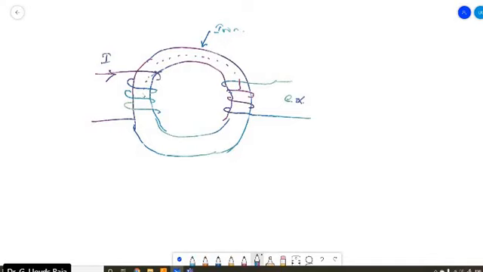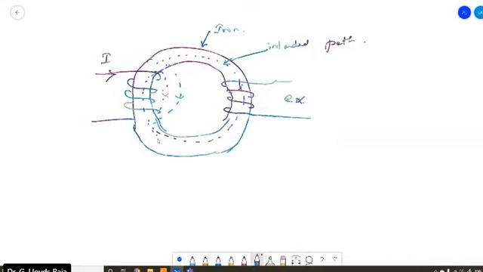These are the flux lines. Let's say this is my intended path, but instead of flowing through this intended path, some of these flux lines complete the circuit in this way.